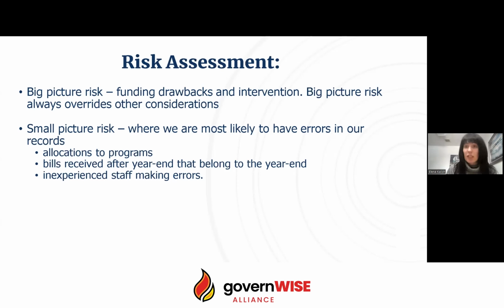If something is completely not risky, like for instance, if we know our payroll is recorded really well because the person that's been working on it's been there for a long time and they know what they're doing, maybe we don't spend that much time worrying about payroll accuracy, right? And so in the risk, we look at big picture risk, so finding drawbacks and intervention, and big picture risk always overrides other considerations.